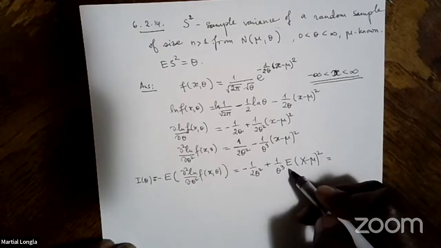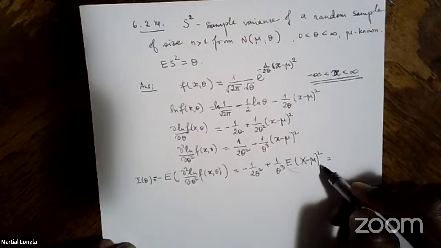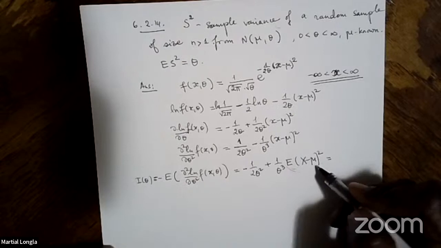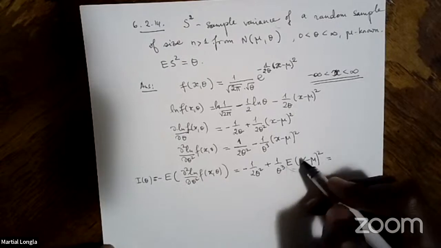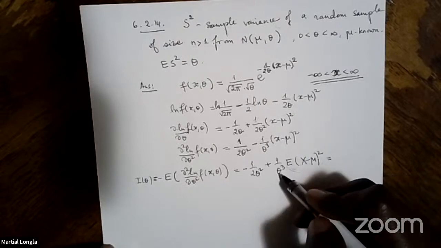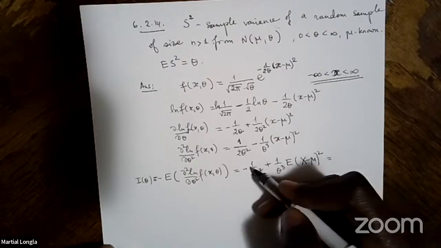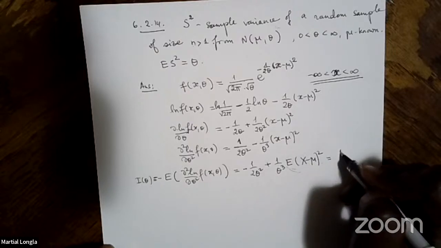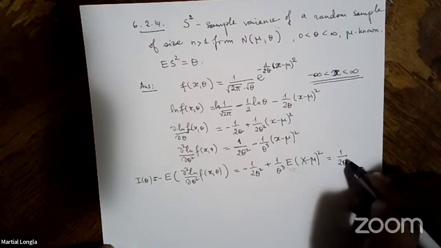And what is this expected value equal to for the normal distribution? That's the variance, which is theta. So it becomes theta over theta cubed. So it's 1 over theta squared minus 1 over 2 theta squared. So that's 1 over 2 theta squared.